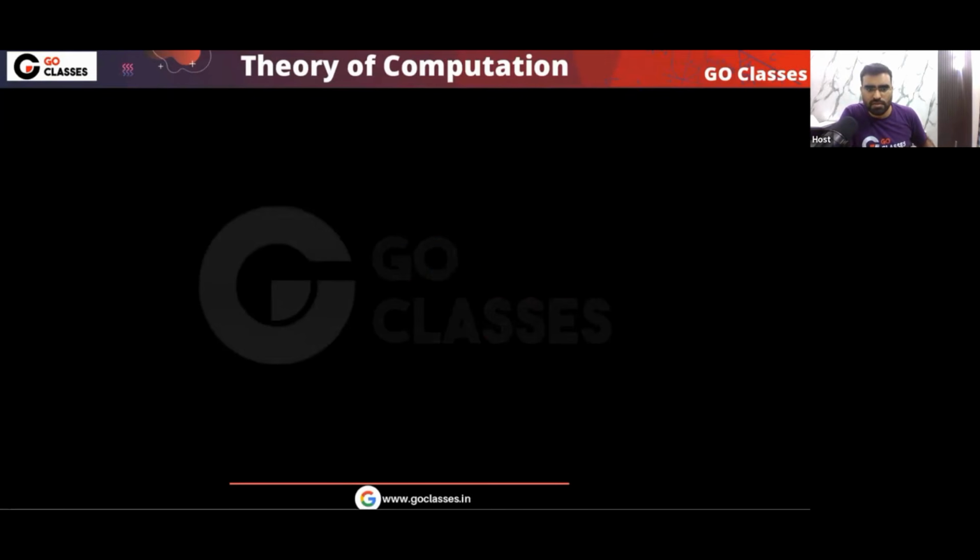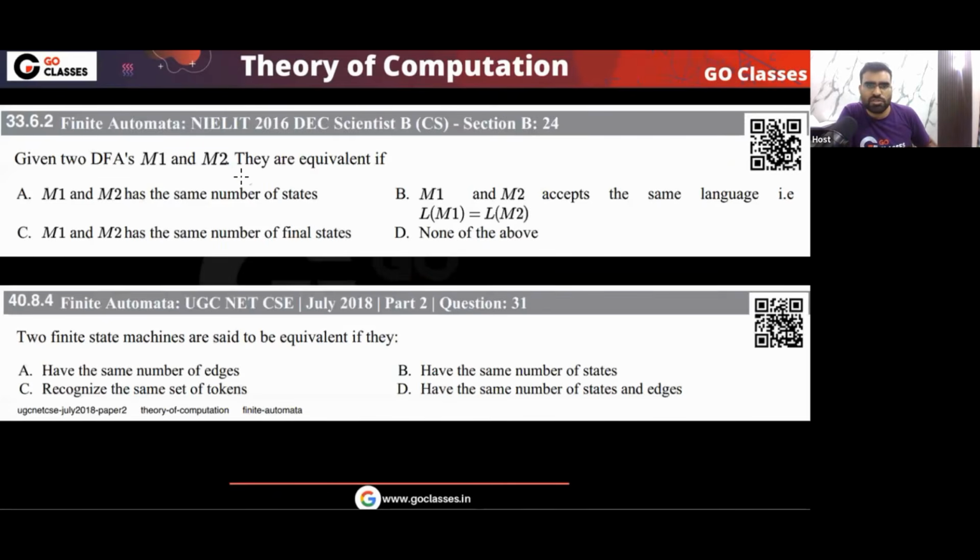Tell me the answer for this question. This is nearly a 2016 question. The same question has come in the UGC NET exam. The question is saying, given two DFA M1, M2, they are equivalent if. When can I say that two DFA are equivalent?